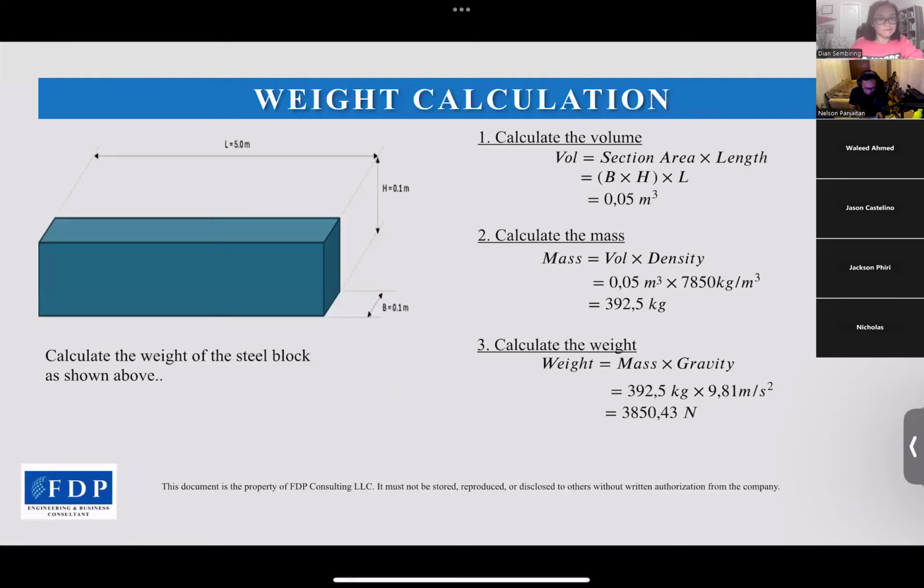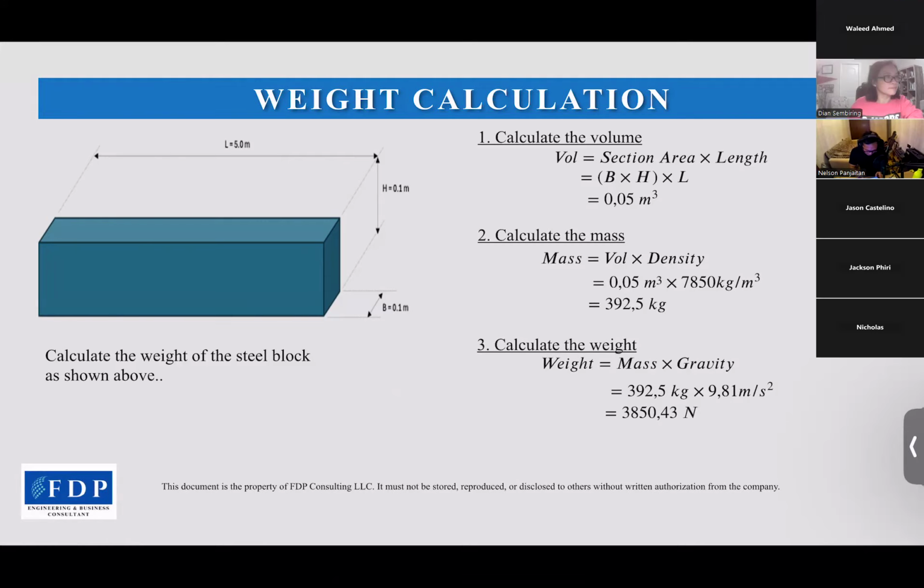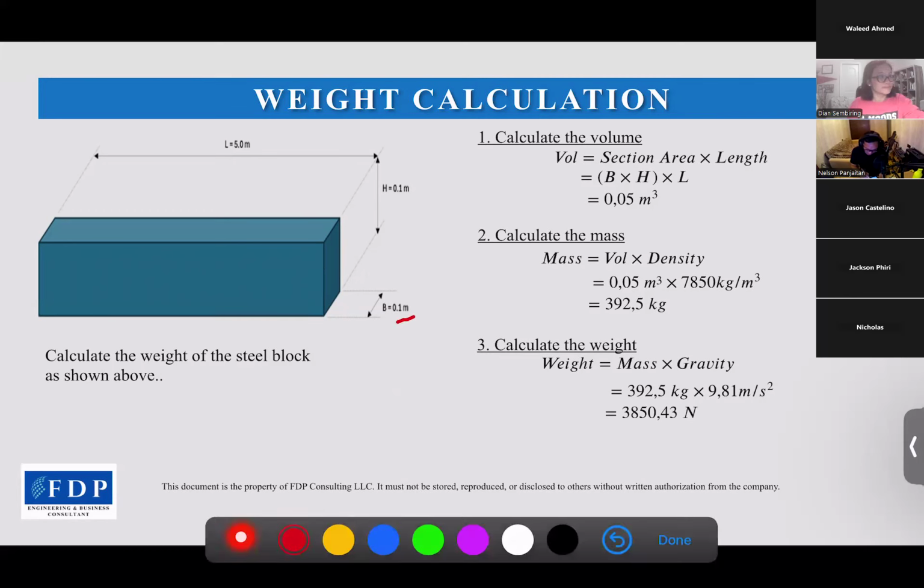So how do we use the density to get the mass? This is the example. We have a steel block as shown with width 0.1 meters, height 0.1 meters, and length 5 meters. First, we need to calculate the volume. Volume is section area times length.